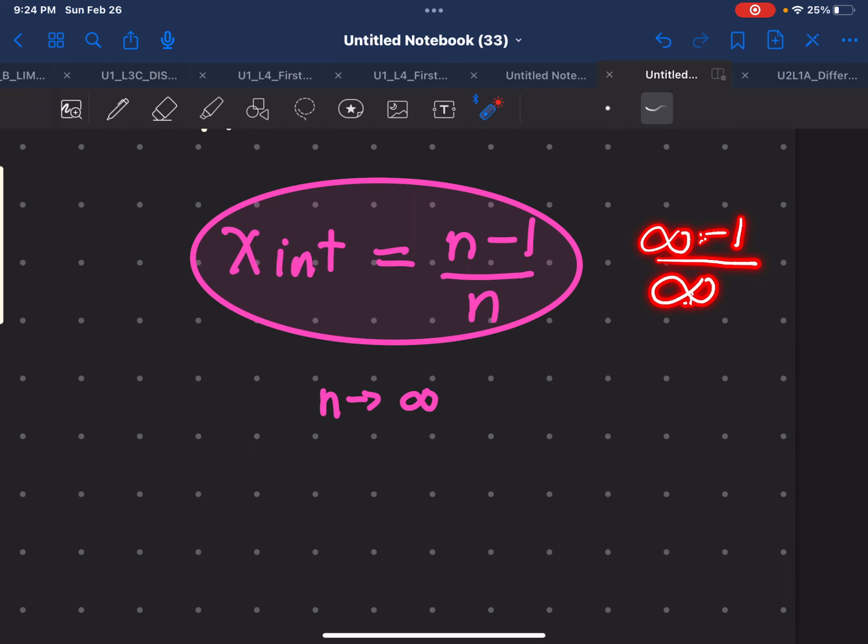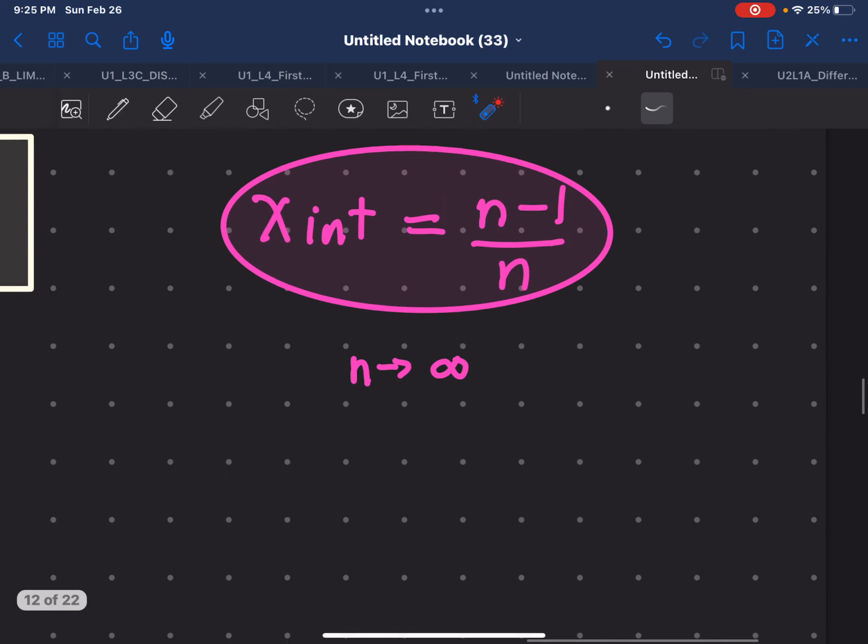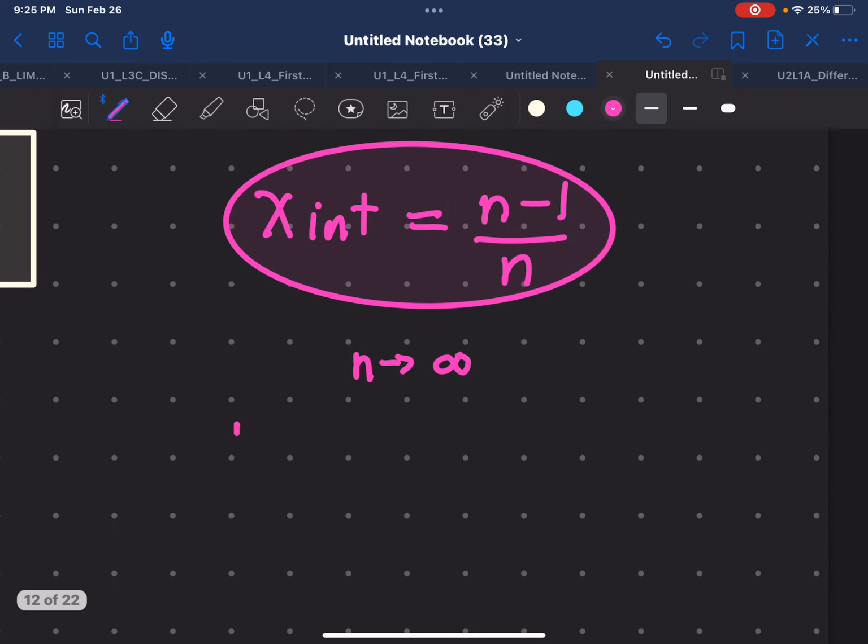It has an indefinite value because infinity over infinity is undefined, because when you divide, you just compare the sizes of the numerator with the denominator, basically. So we cannot compare an immeasurable quantity with another immeasurable quantity. So in other words, we need to find the limit of this function as n approaches infinity.